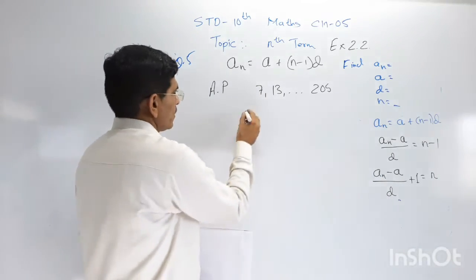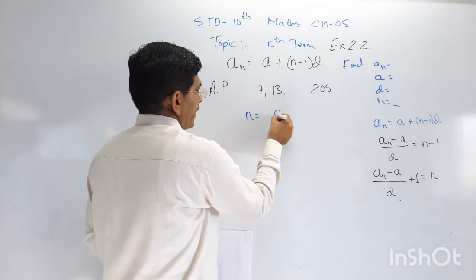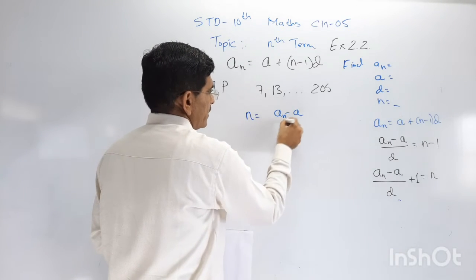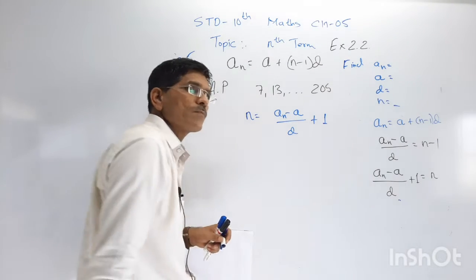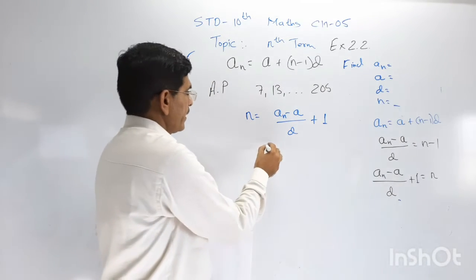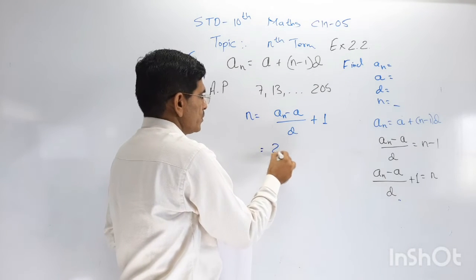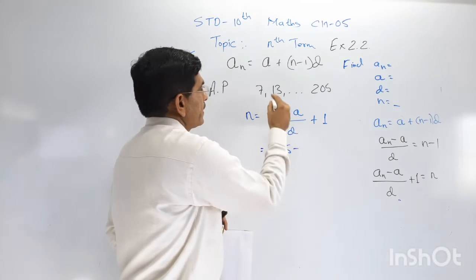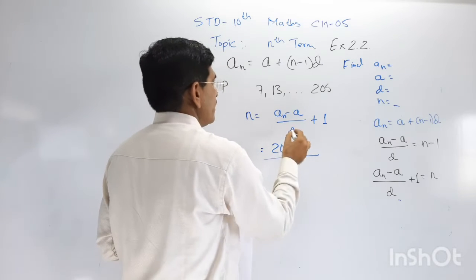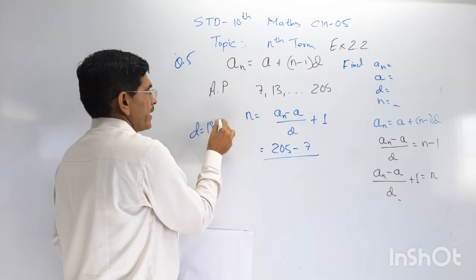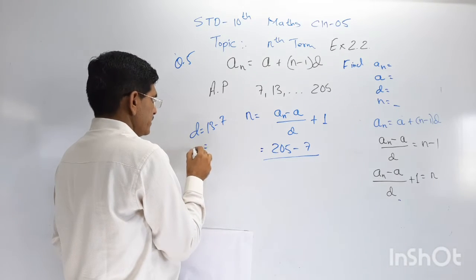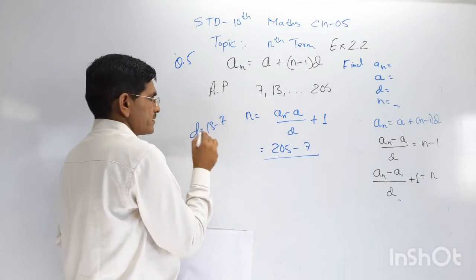So n is equal to an minus a upon d, plus 1. Now an is 205, minus a, that is 7. What is d? d is equal to 13 minus 7, that is 6.